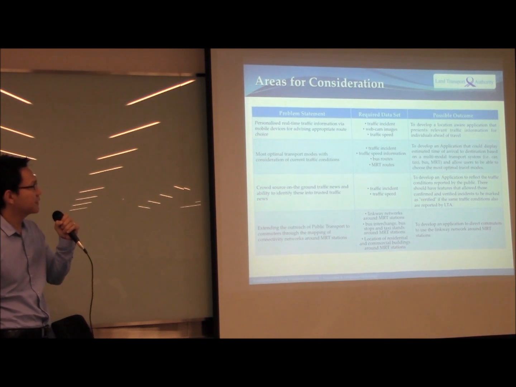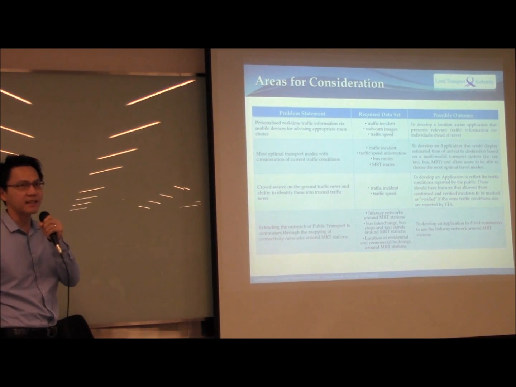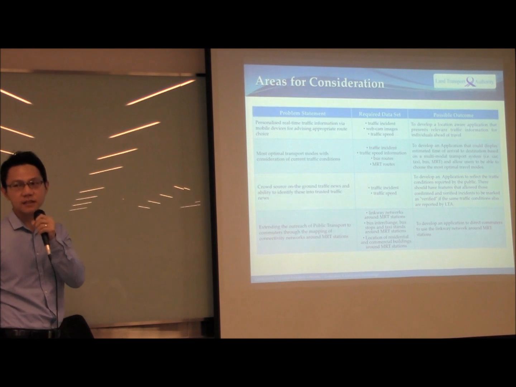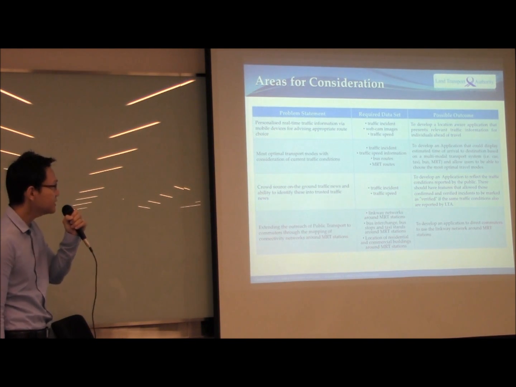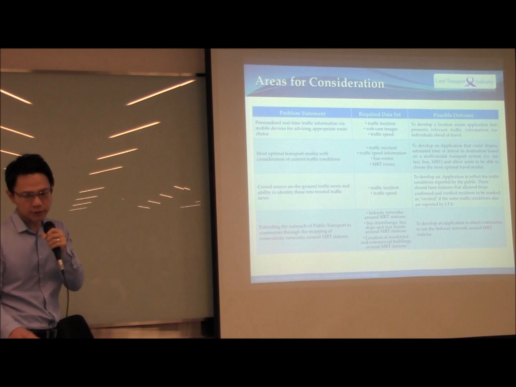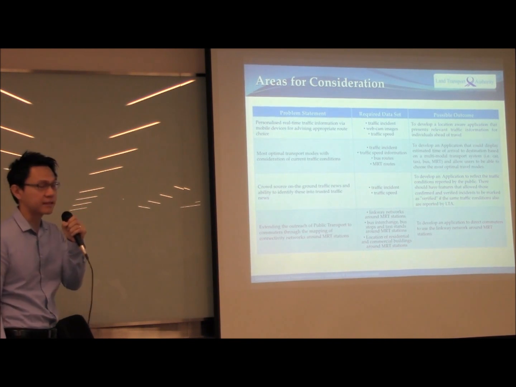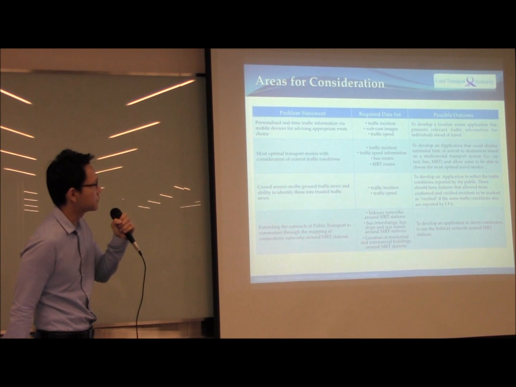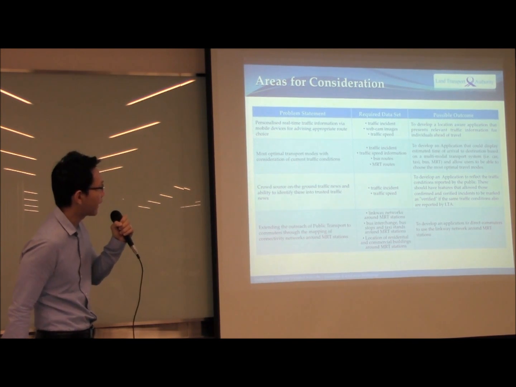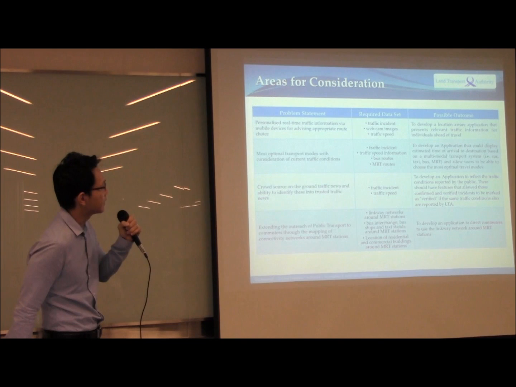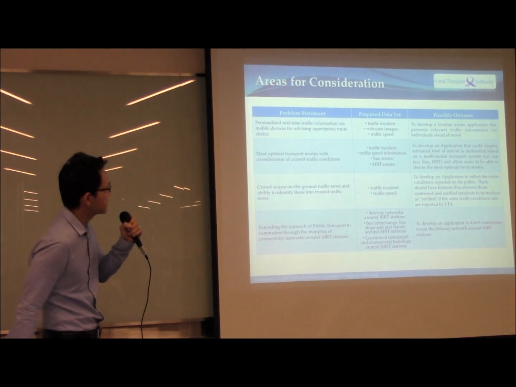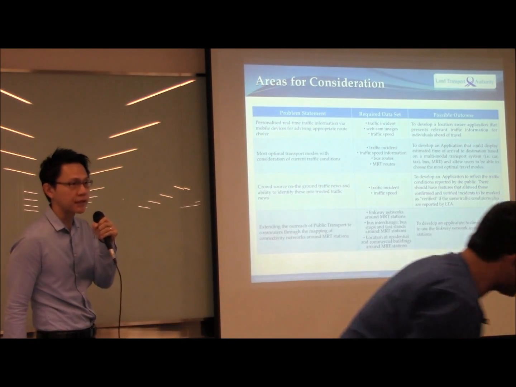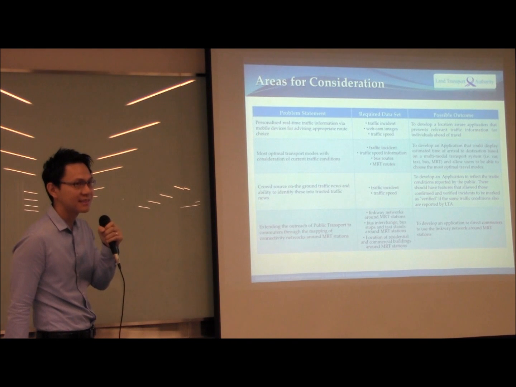So here are some of the areas that you can consider for this Google PlugFest competition. Let me run through quickly the 4 problem statements that are highlighted. The first one is to develop a location-aware application that can advise users on the most appropriate route choice.